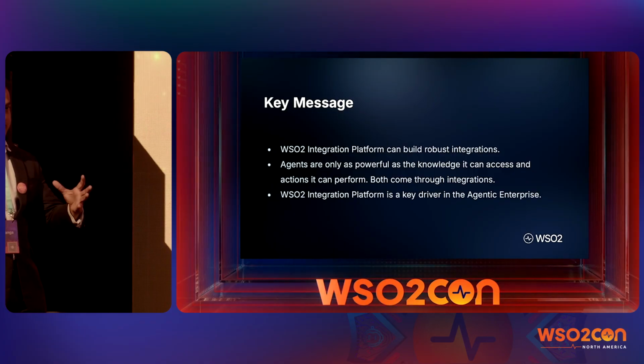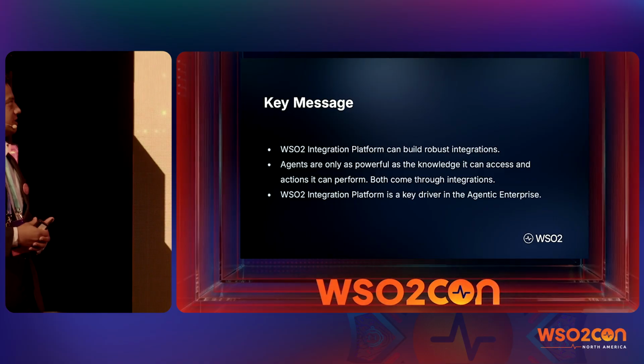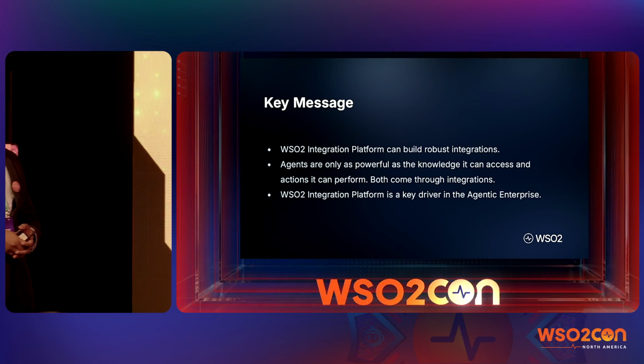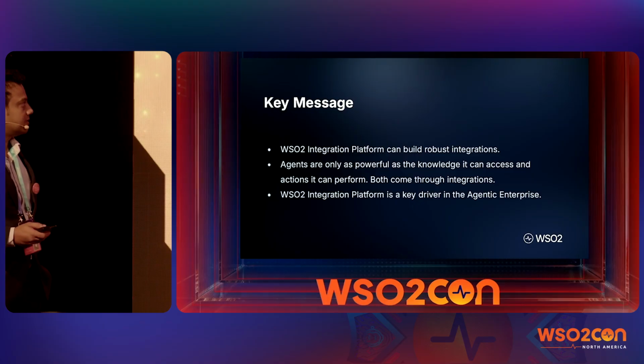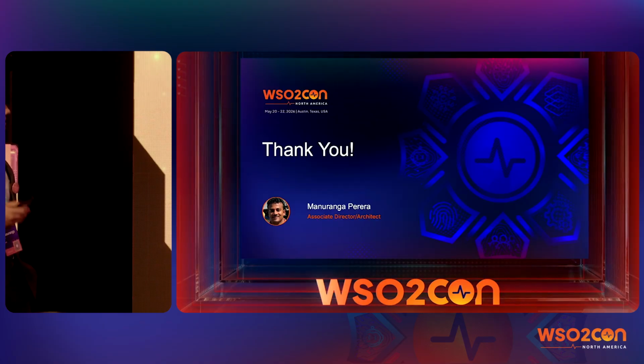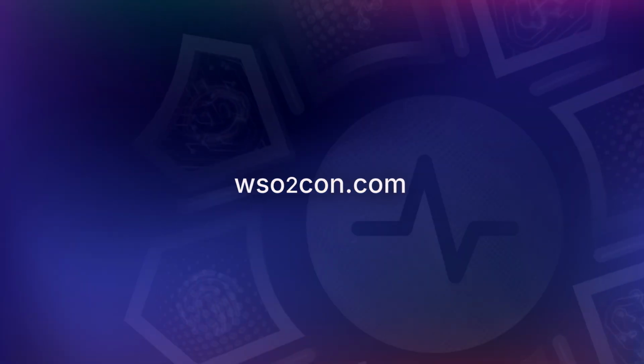So not just the agent, what the agent stands on is also built using the WSO2 integration platform, and that's why the WSO2 integration platform can be a key driver in the agentic enterprise. All right, with that, let me end the talk.